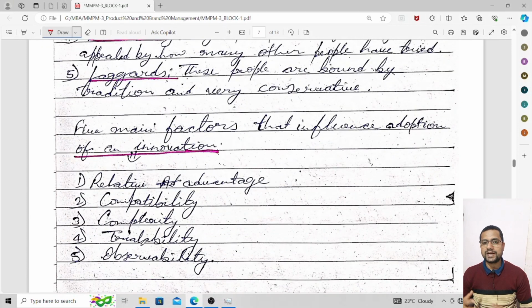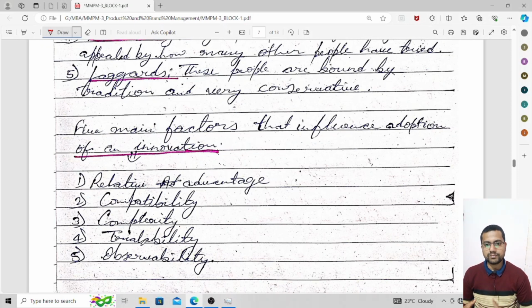The second is compatibility. Compatibility means whether the new product introduced into the market is compatible with the previous product or not. If it is more compatible, people will not hesitate to try the new kind of product.